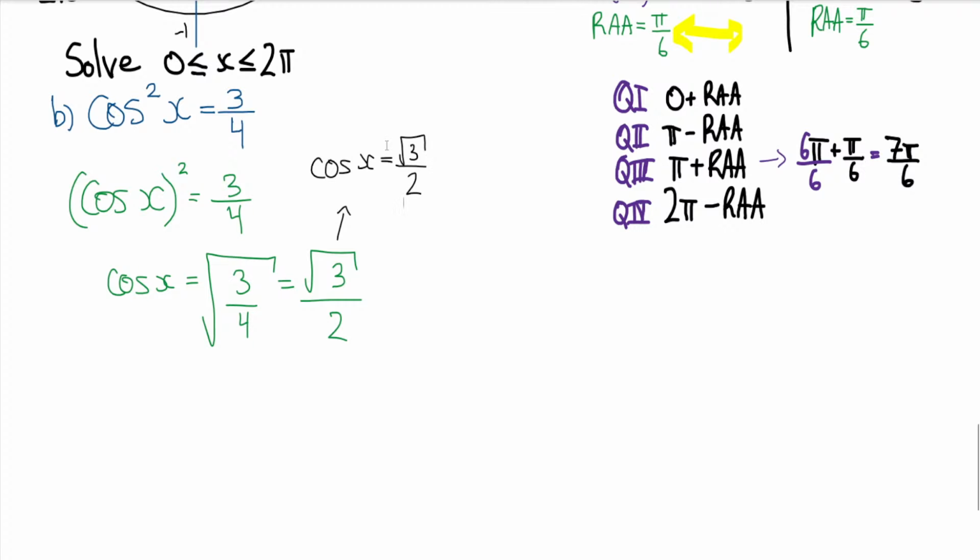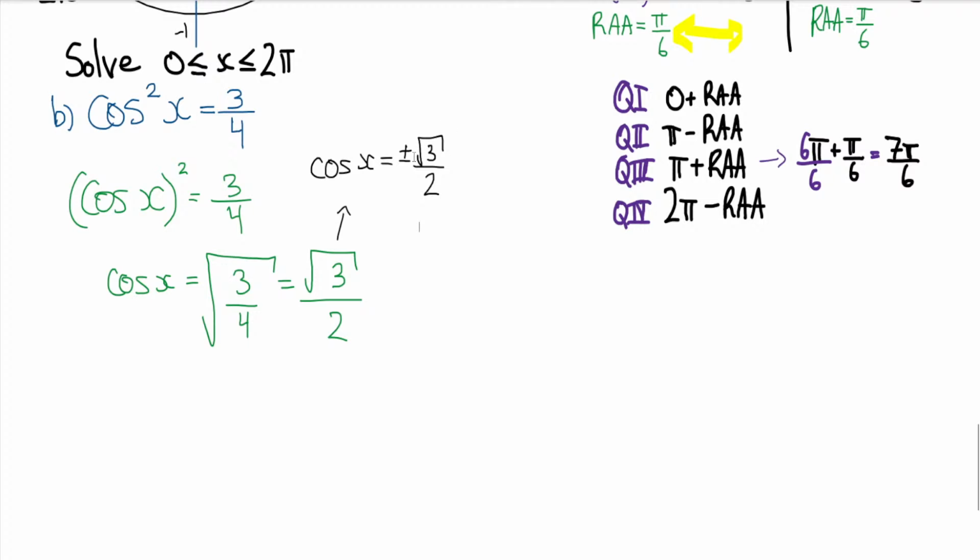Okay, so did you get to this stage here? Can I ask whether you did both the positive and the negative square root? Okay, you did do it. Awesome. That's important, because whenever we do the square root, we have to be ready for both the positive and the negative.